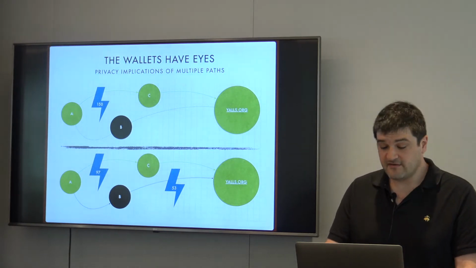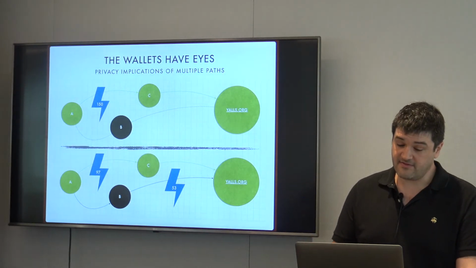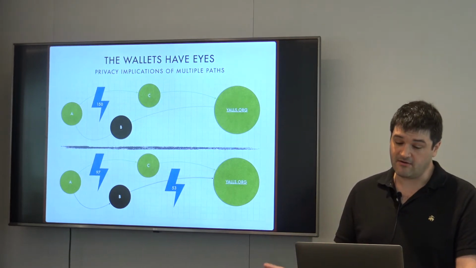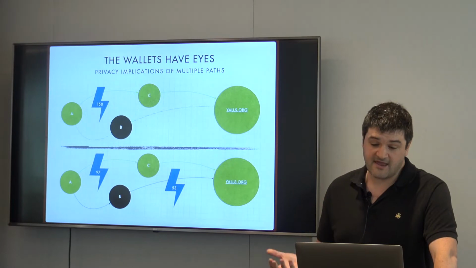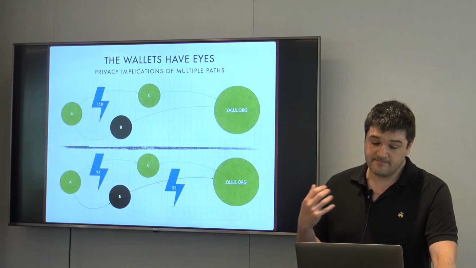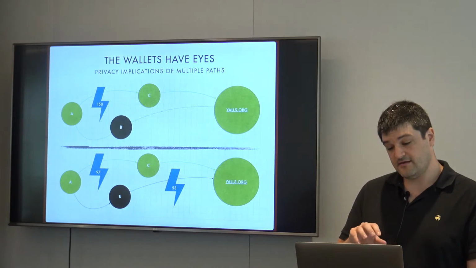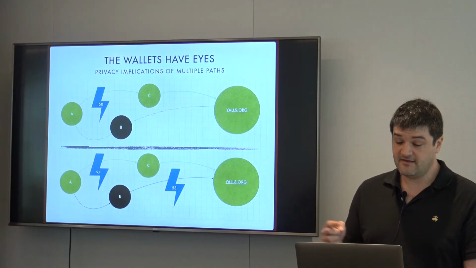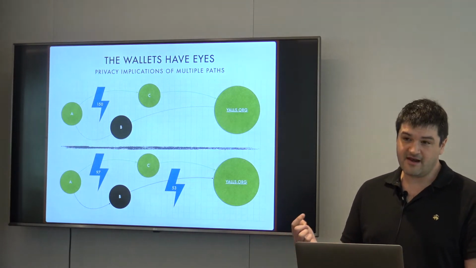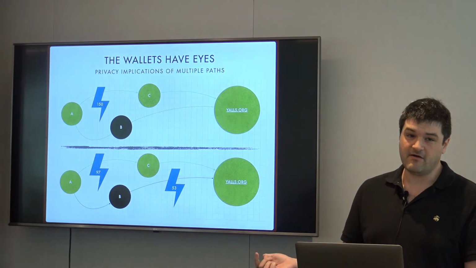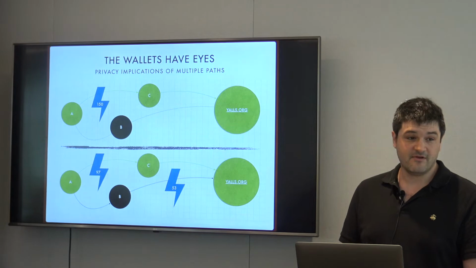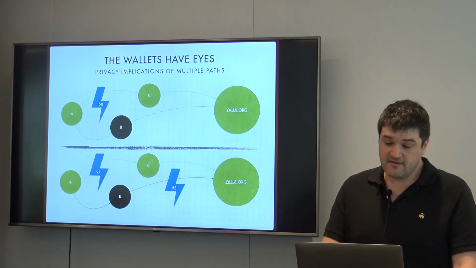In the upper half, I show an example of somebody buying a Y'alls article. If person A is sending 150 Satoshis across the network, then person C can see that 150 Satoshis being passed across to Y'alls.org, and can have an idea that the payment is going to Y'alls.org because 150 is the standard cost of an article on Y'alls. So it's a pretty good guess that that's what you're doing.